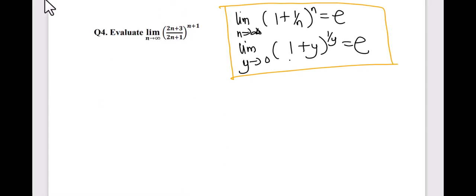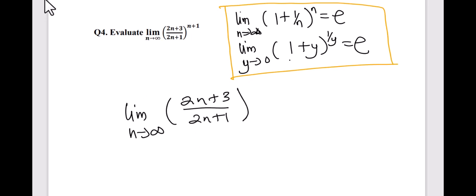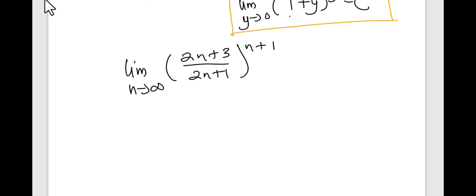So our question is the limit as n goes to infinity of ((2n + 3)/(2n + 1))^(n+1).